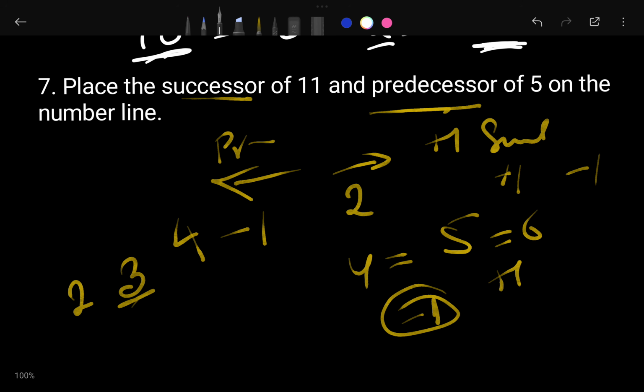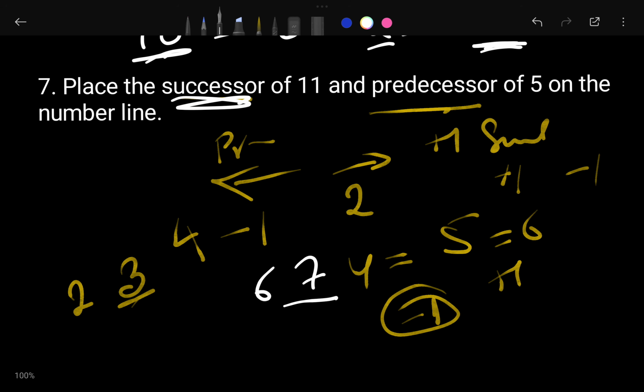Always remember this type of thing. When people ask you about the successor, think of success. Right now you are in this position. When you succeed in your exam, you will go to the 7th class. But predecessor means, suppose you do not clear your exam, you will be in the previous class. Like you are in the 6th class. When you succeed, you will go to the 7th class.